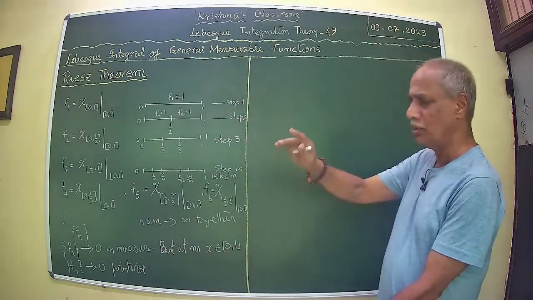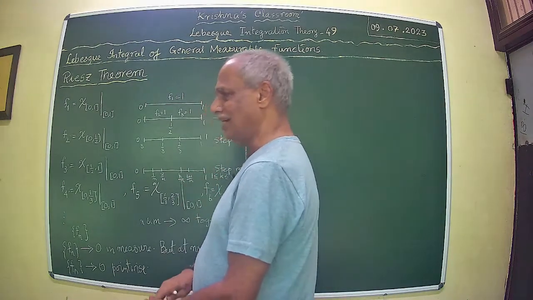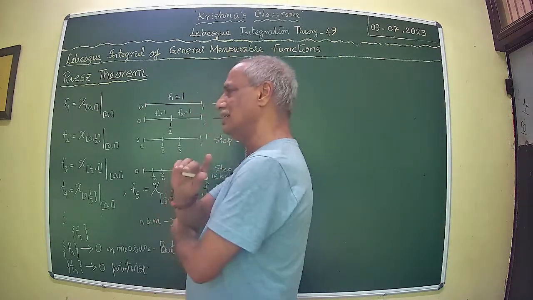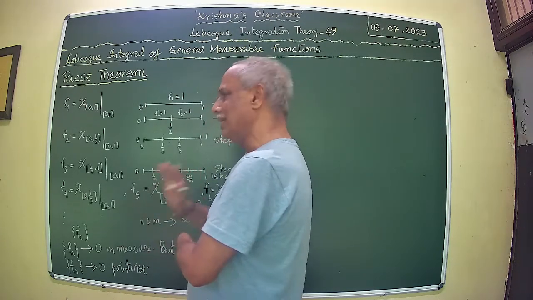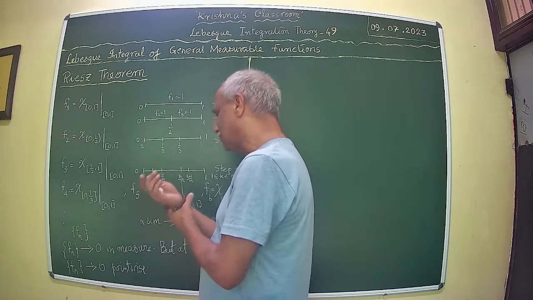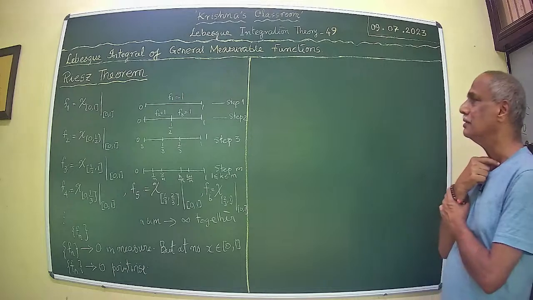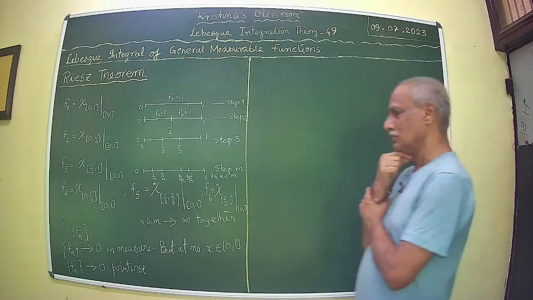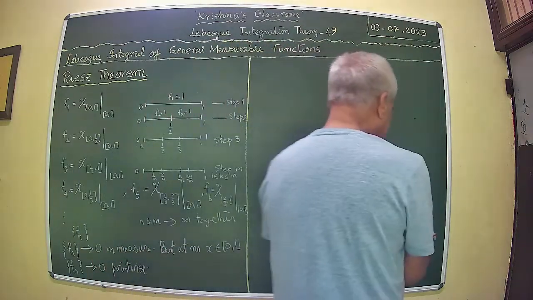But the whole game is spoiled by the appearance of a 1. Therefore, the convergence does not happen. So it does not converge pointwise at any point on this interval. So this is an example which says that convergence in measure does not imply pointwise convergence.